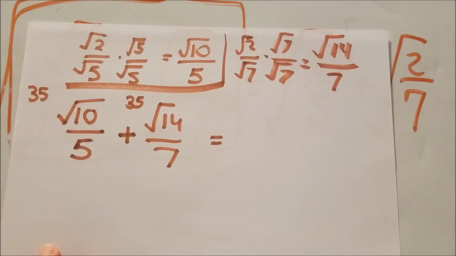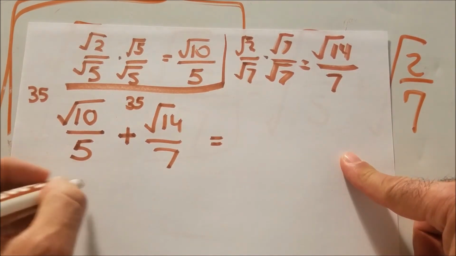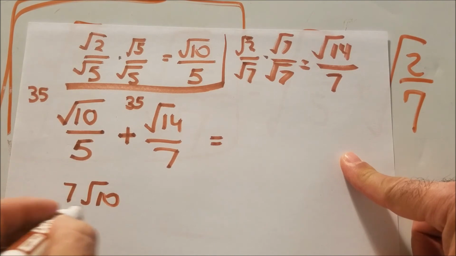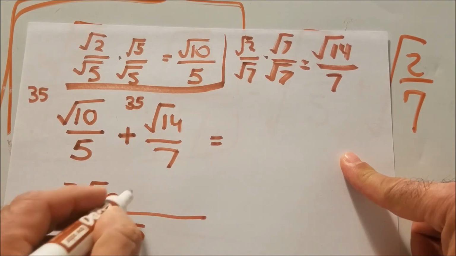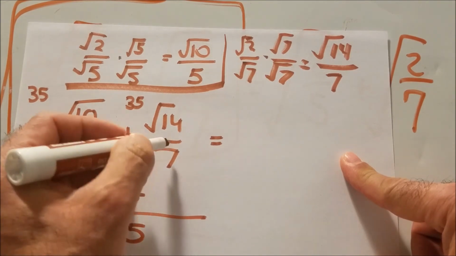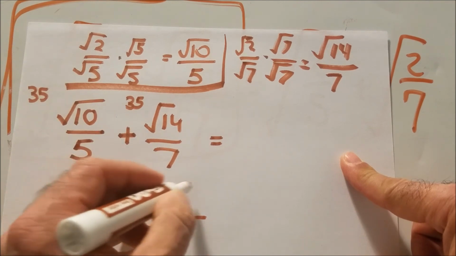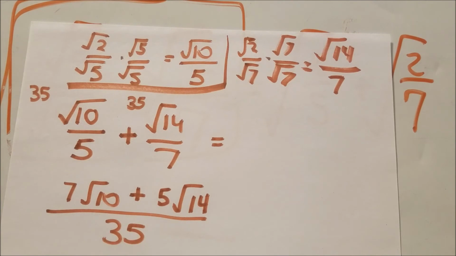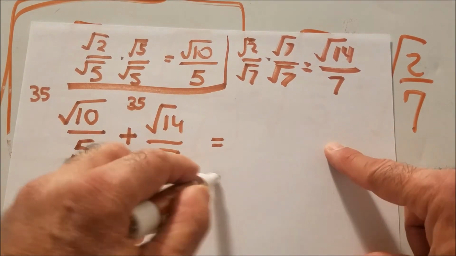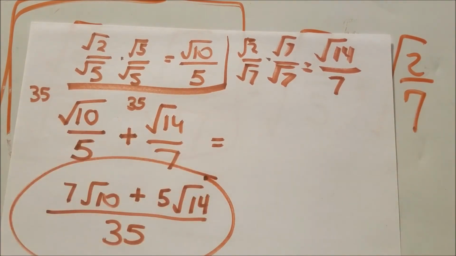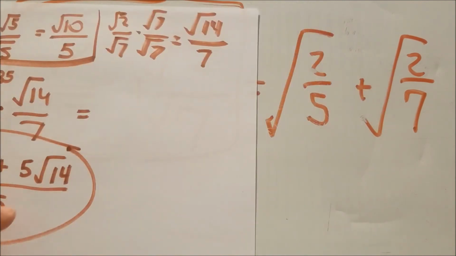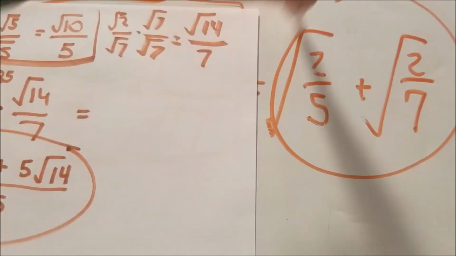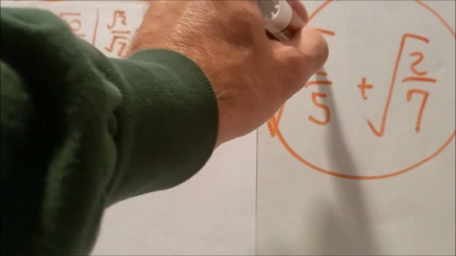Okay, so 5 goes into 35 7 times, so that's going to give us 7 square root of 10, everything's going to be over 35. And 7 goes into 35 5 times, so 5 square root of 14. So this is our answer. And it's also this that we've done before.